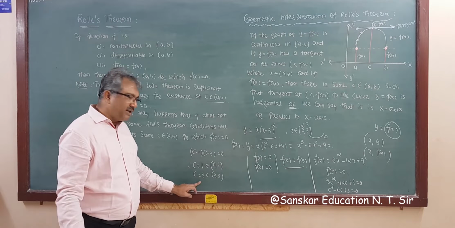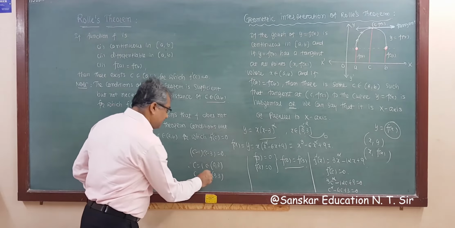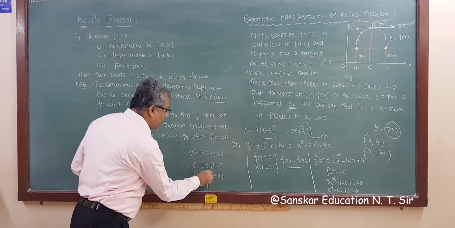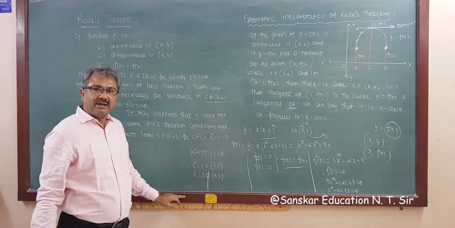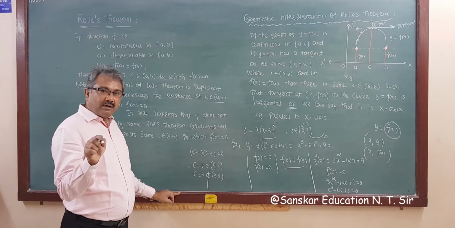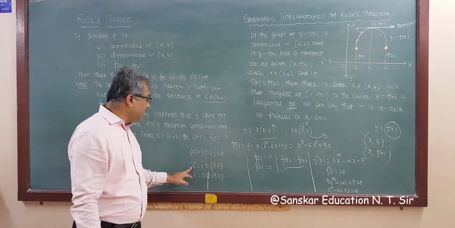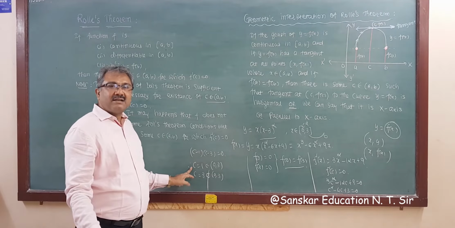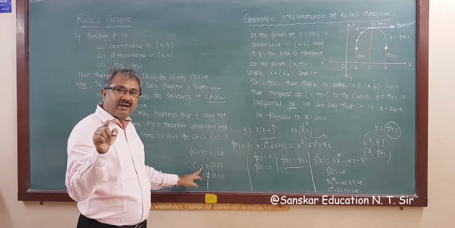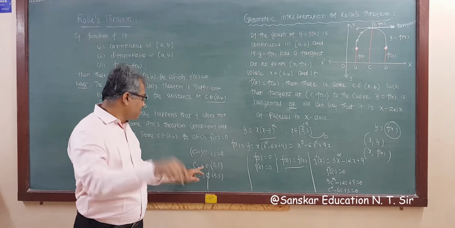Yes. But this 3, since the interval is open, does not belong to the open interval 0, 3. So for Rolle's theorem, the value of c belonging to the open interval a, b is only 1, which belongs to the open interval 0, 3.